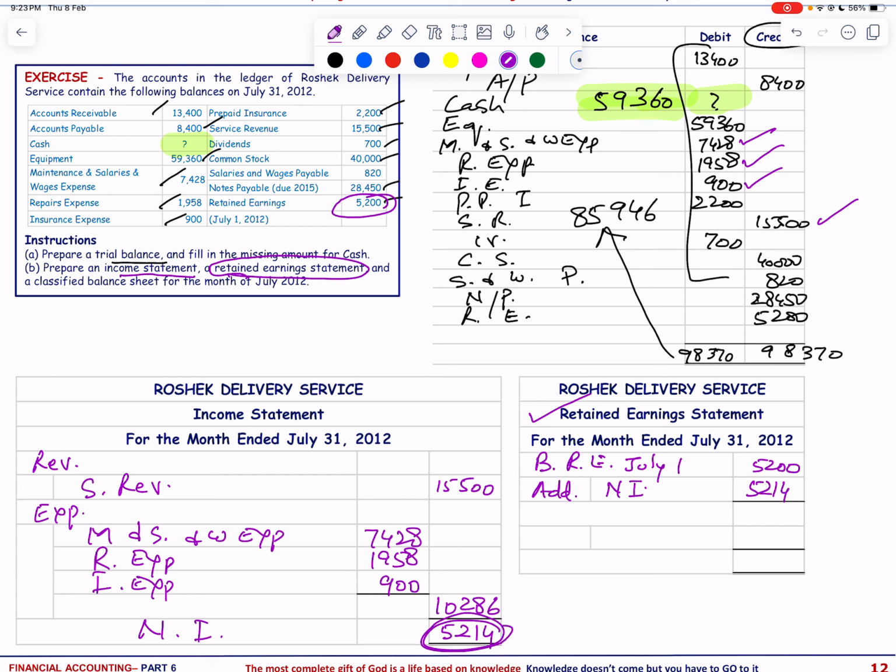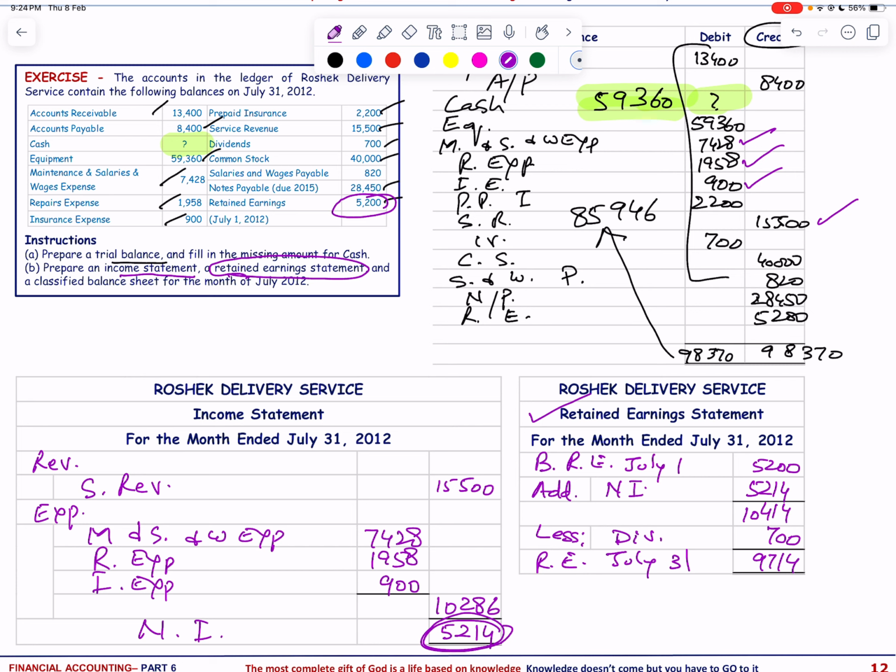We add this up, and this is going to be equal to 10,414, and from this we are going to subtract the dividend, and that is 700. So the retained earning on July 31st will be 9,714. So that's how we prepare the retained earnings statement.